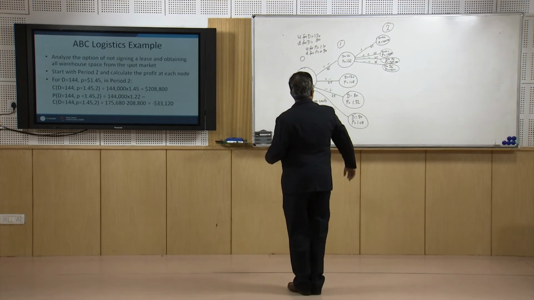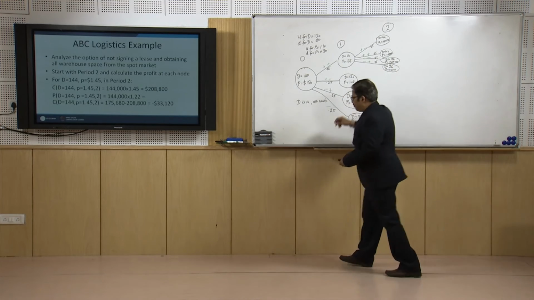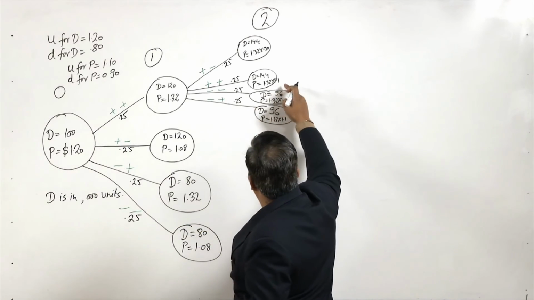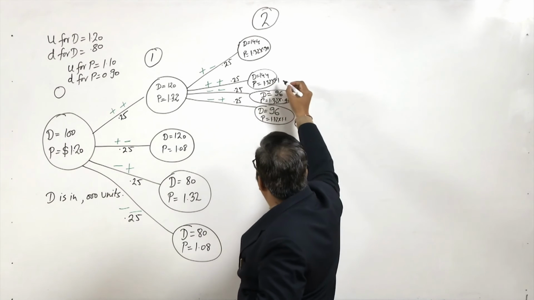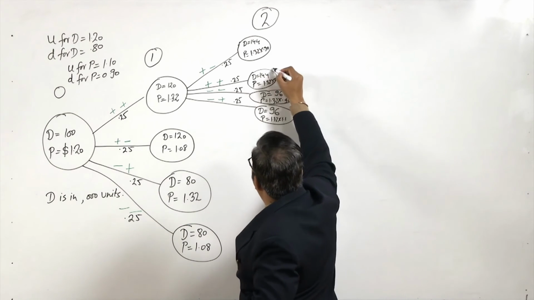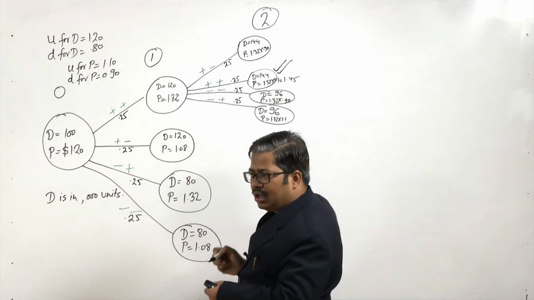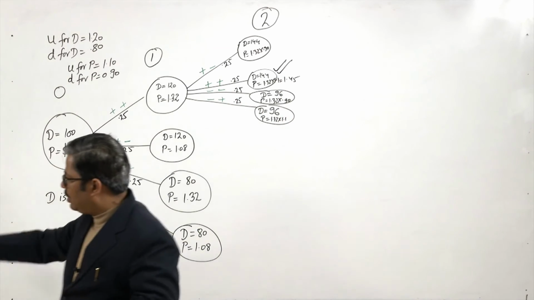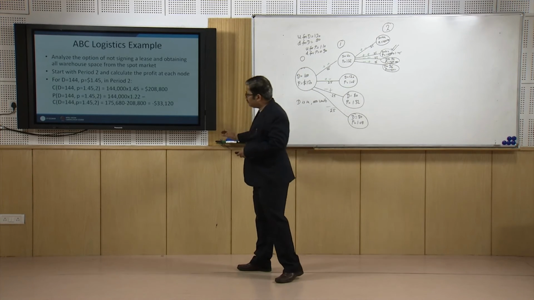So, this is probably the situation where 1.32 into 1.1, this is 1.45. So, I am starting with this particular state, and how we will go backward, that you will come to know.